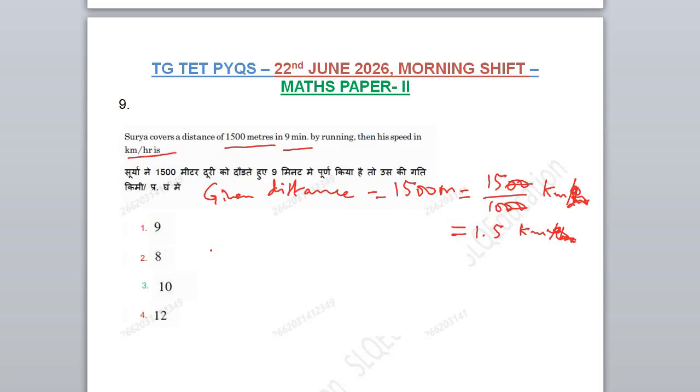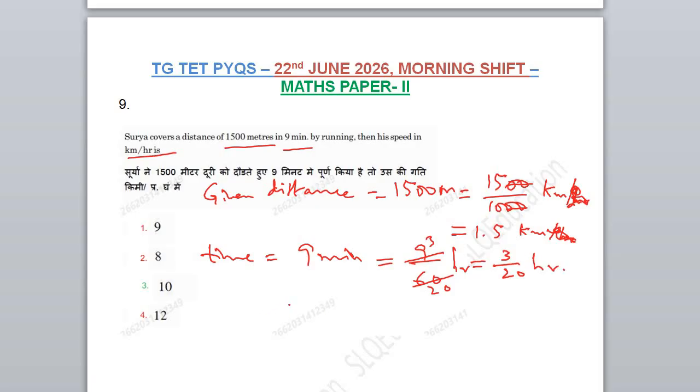Let us convert the given time into hours. So 9 by 60, since minutes into hours is divided by 60. If you simplify this, 3 3s are 9 and 3 2s are 6, so this is equal to 3 by 20 hours.